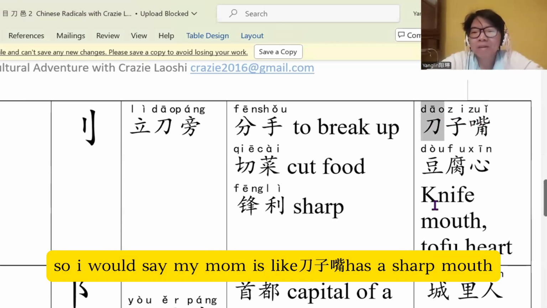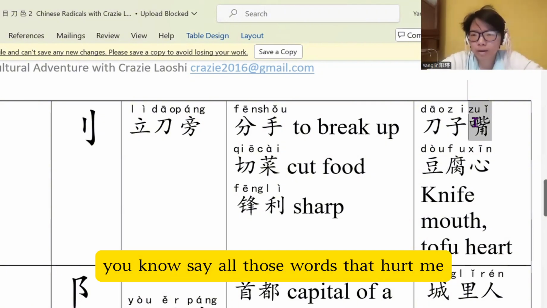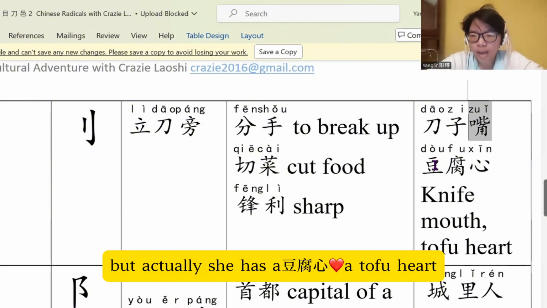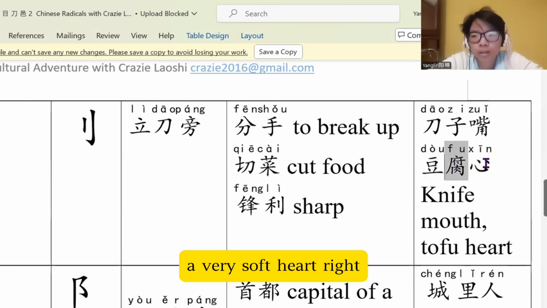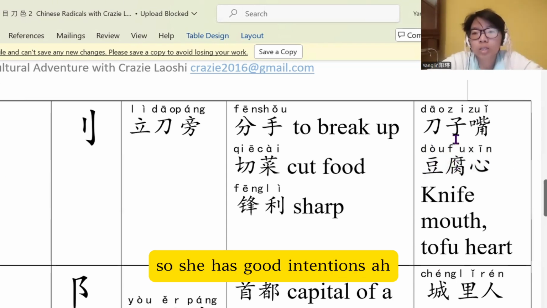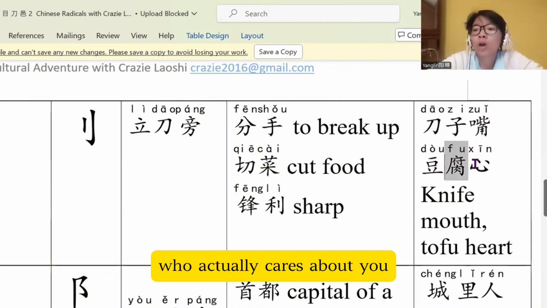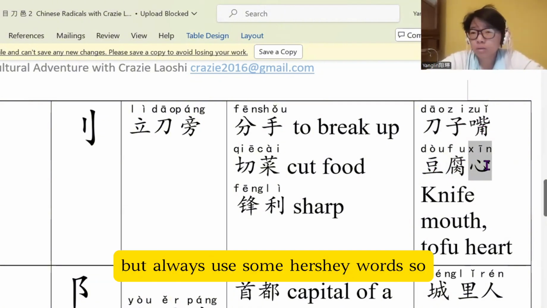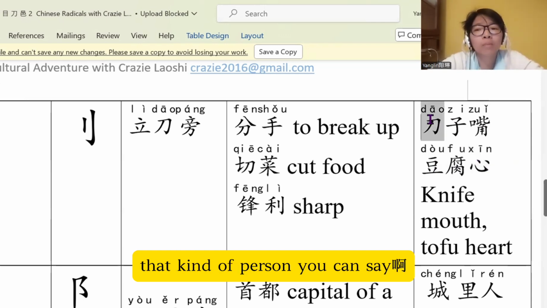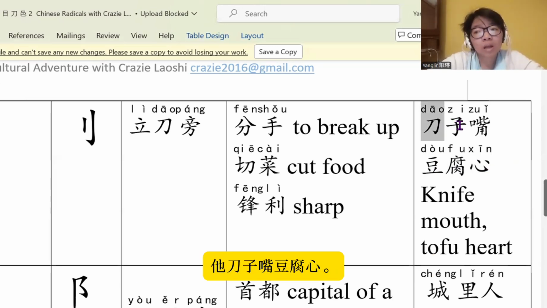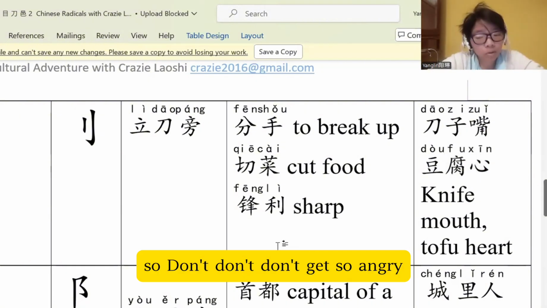Okay, so I would say my mom is like 刀子嘴, have a sharp mouth, say all those words that hurt me. But actually she has a 豆腐心, a tofu heart, a very soft heart, right? So she has good intentions. So I don't know if you know a person like this who actually cares about you, but always use some harsh words. So that kind of person, you can say, 他刀子嘴豆腐心. So don't get so angry.